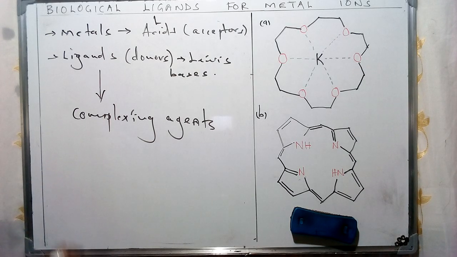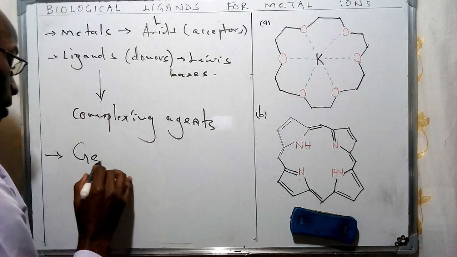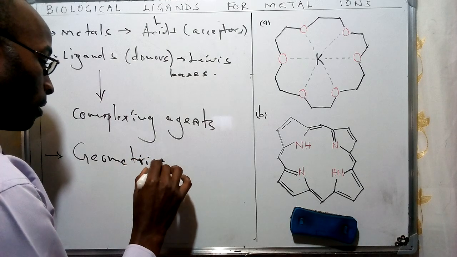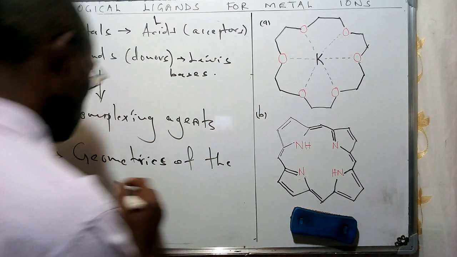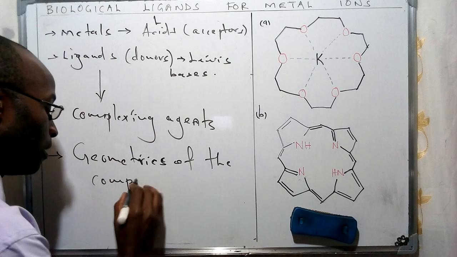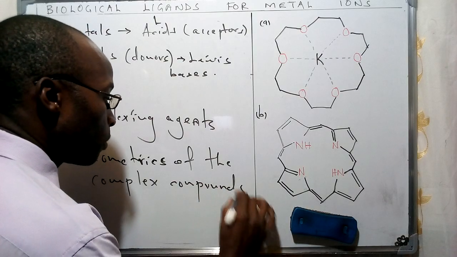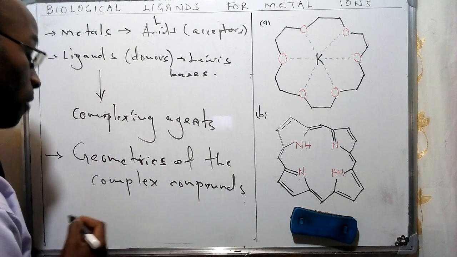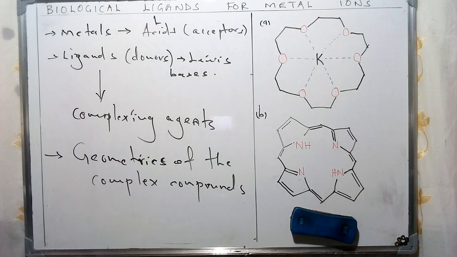Now, this specific function of metals is going to be defined by the geometries of the resulting compounds, which we have referred to as the complex or coordinate compounds. And these are going to be specifically biological complex compounds, which are going to be formed in this particular case that we're going to be using in our subsequent examples.